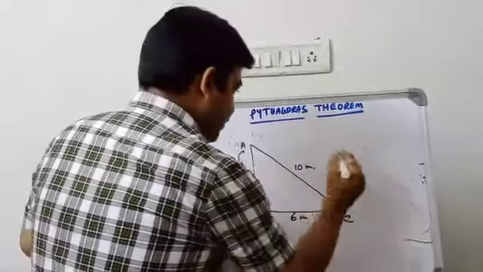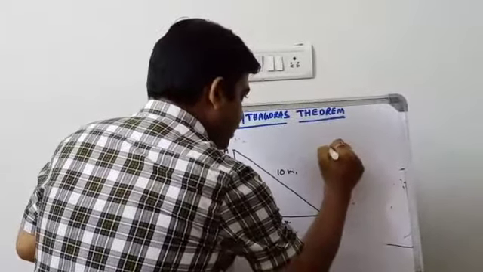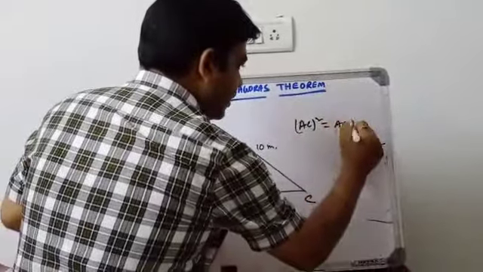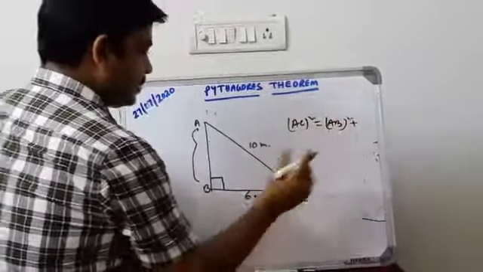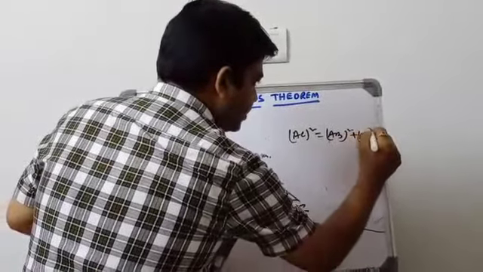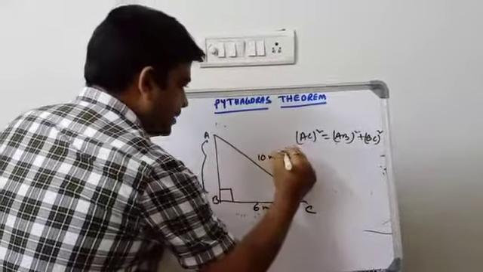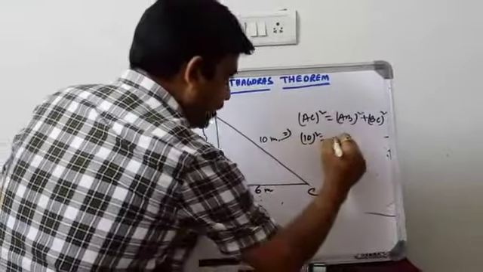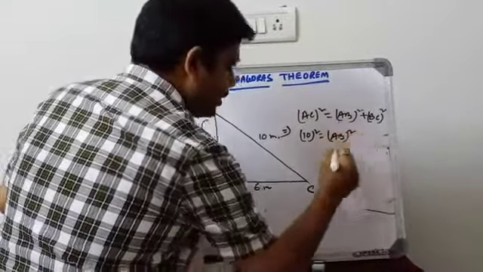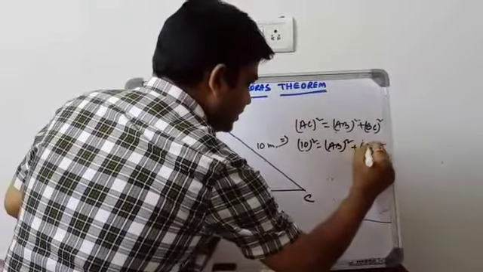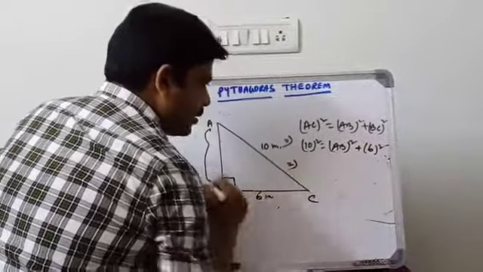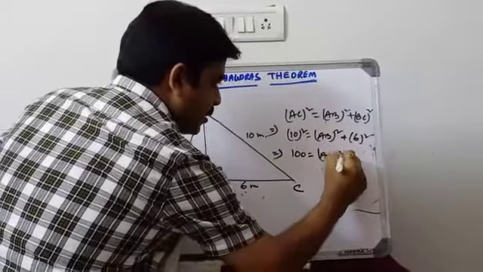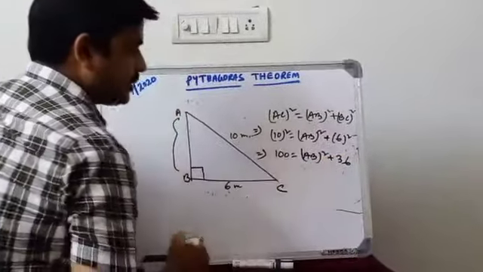So by Pythagoras theorem, AC square equals AB square plus BC square. That implies 10 square equals AB square, since we don't know AB, plus 6 square. So 100 equals AB square plus 36.